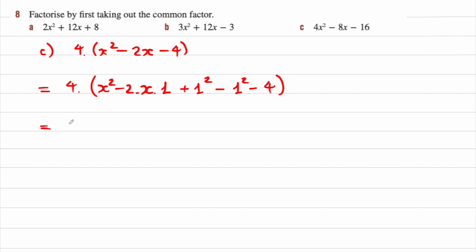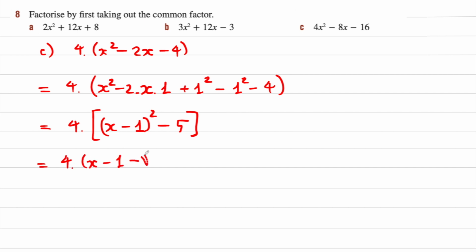For this question, you have x minus 1 squared and minus 5 one more time, because minus 1 minus 4 equals minus 5... Inside the square bracket, it is the same as the previous questions A and B, but with minus square root 5 in the first bracket. The second one is x minus 1 plus square root 5. That is question C.